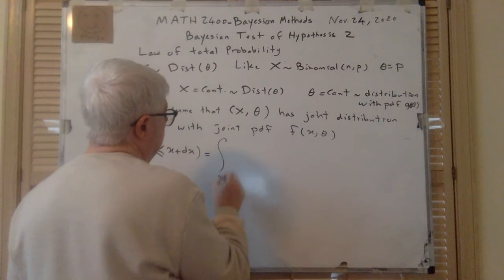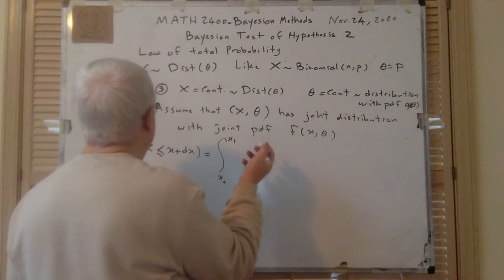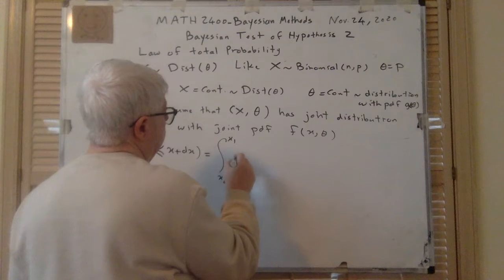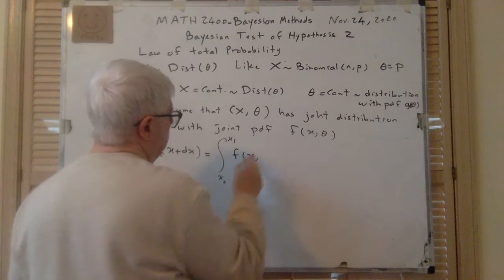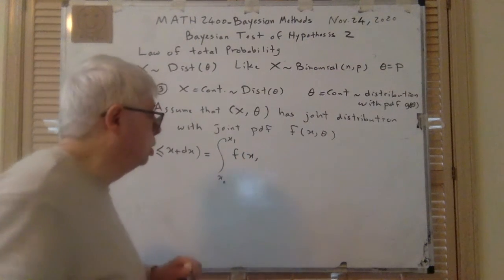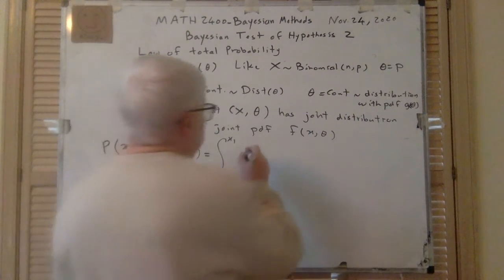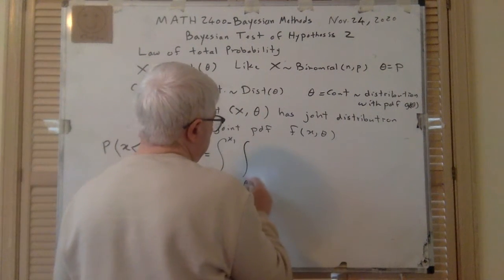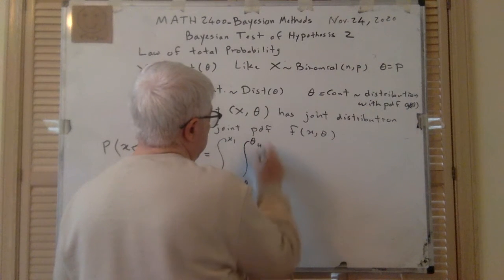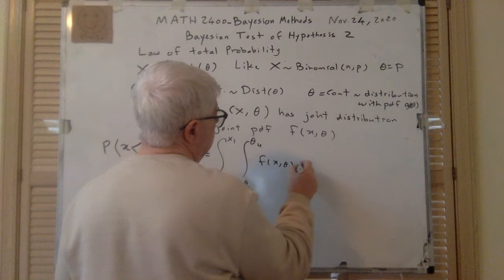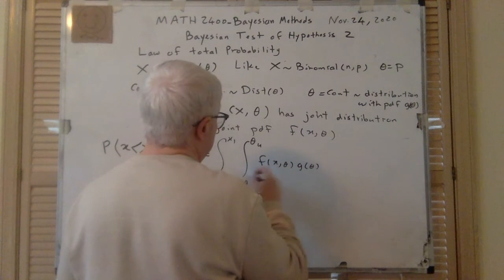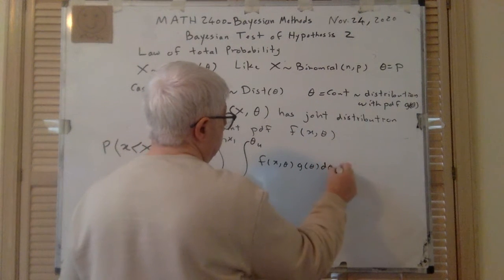So it is from x0 to x1, and the second integral will be from theta lower to theta upper of f(x, theta) g(theta), with d theta dx.